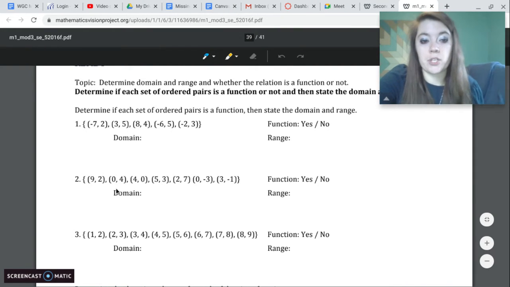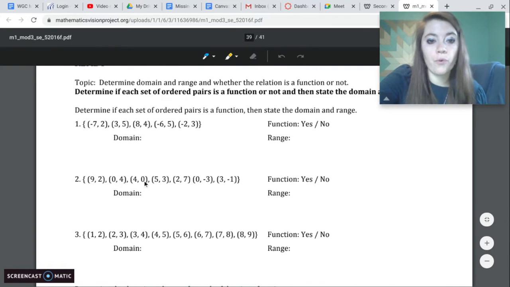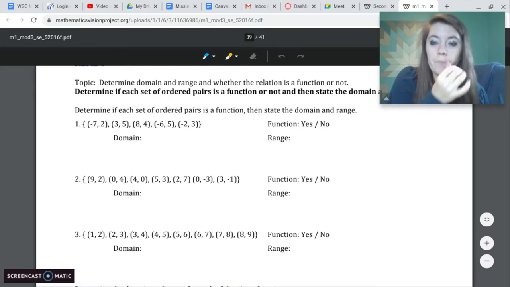So we're going to look at number 2. We have (9, 2), (0, 4), (4, 0), (5, 3), (2, 7), (0, -3), and (3, -1). Now, for each x value, is there only one y value?